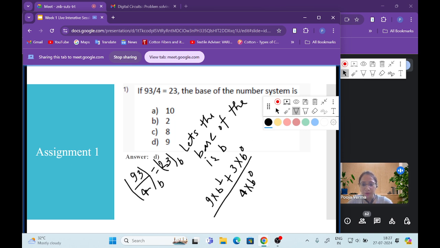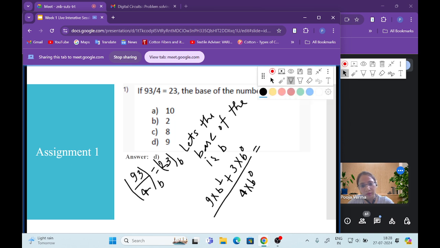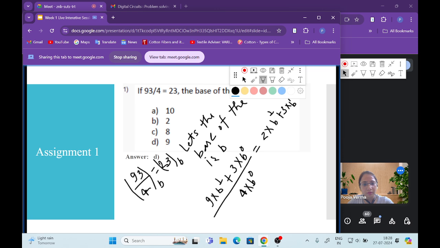Because, for example, you have gone through 3 into 2 to the power 0 when we studied conversions. And here 23, so 2 into B to the power 1 and 3 into B to the power 0.